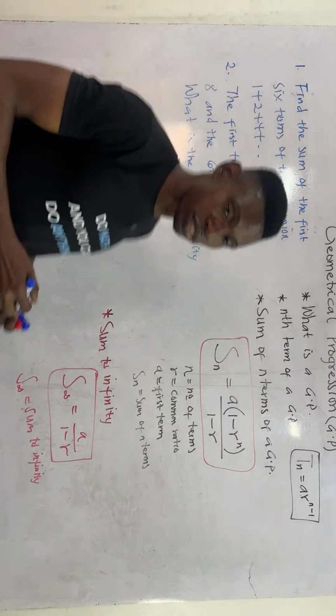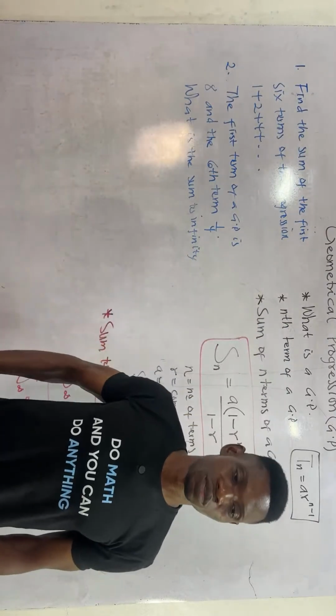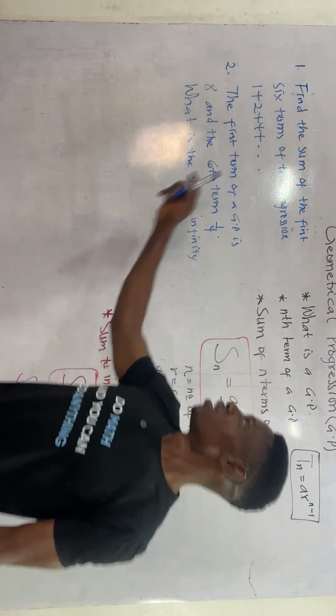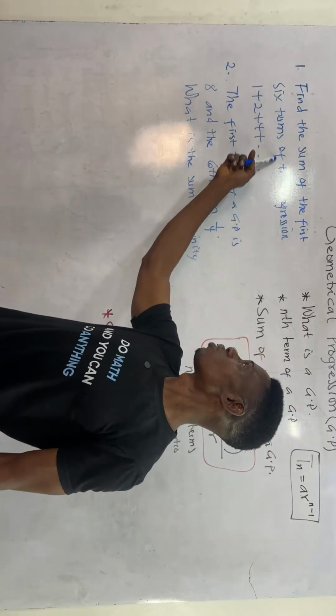Okay, so we have 2 questions. The first one says, find the sum of the first 6 terms of the progression.